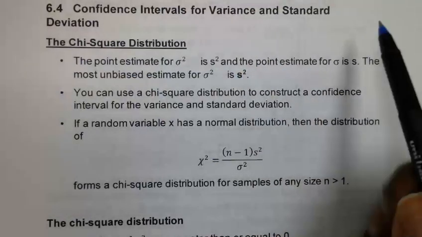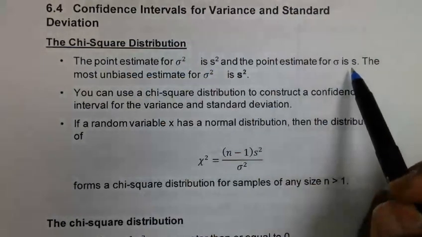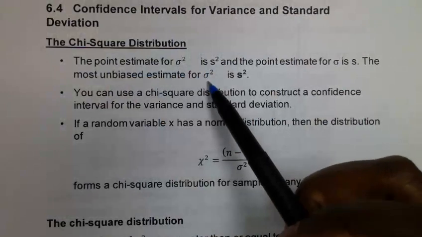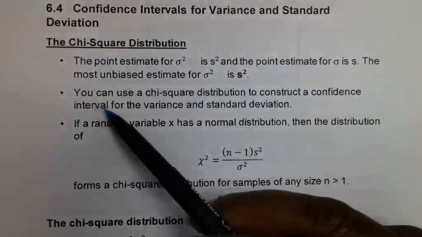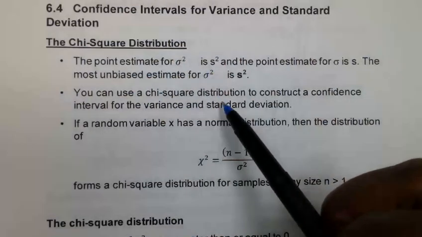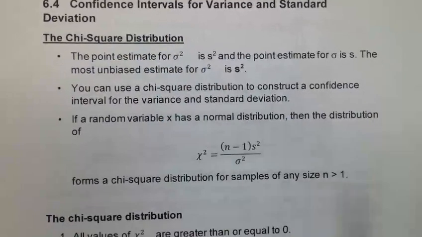And the point estimate for a population standard deviation is sample standard deviation. The most unbiased estimate for population variance is sample variance. So you can use a chi-square distribution to construct a confidence interval for the variance and standard deviation.